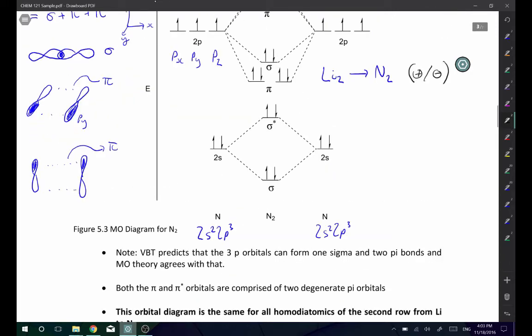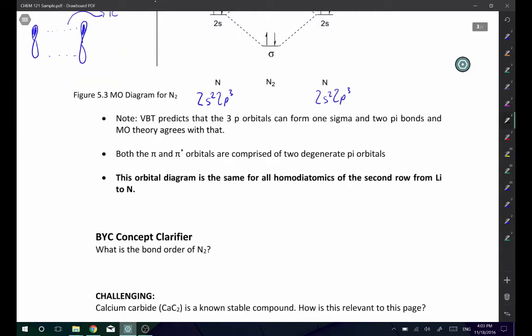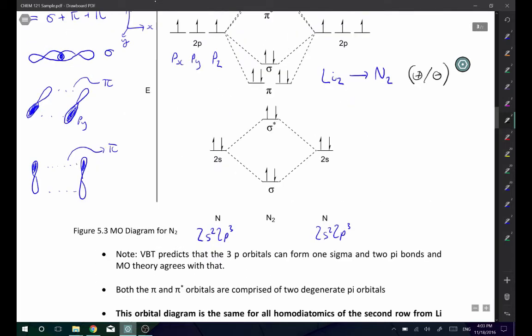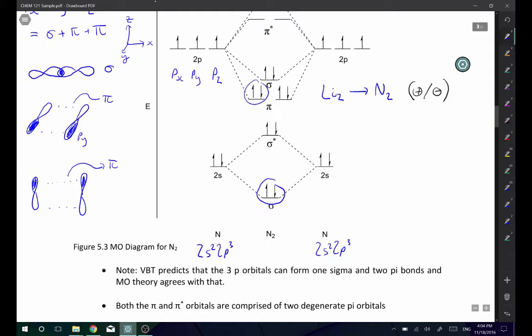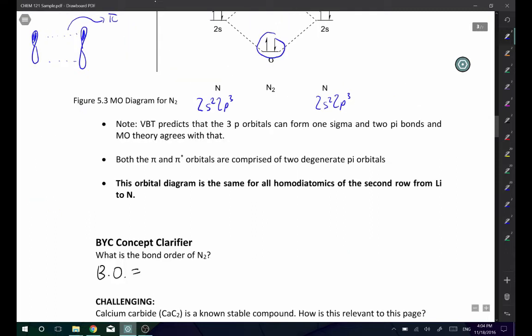So what have we predicted here? We need to look at the bond order of N2. As always, the bond order of nitrogen is determined by the number of bonding electrons that are filled up. In blue, I'm going to circle all the bonding electrons. We have 2 here, 2 here, 2 here, and 2 there. We have 8 bonding electrons. So blue for bonding.